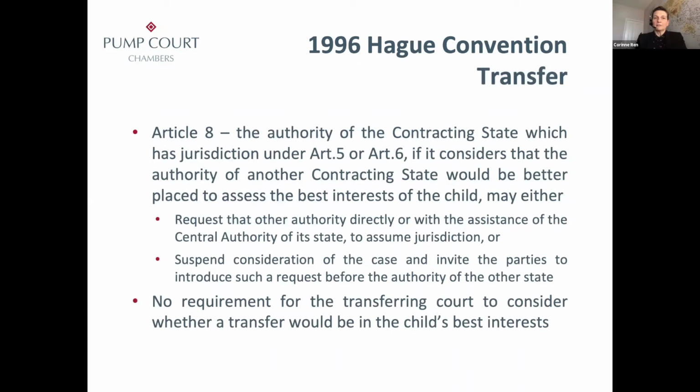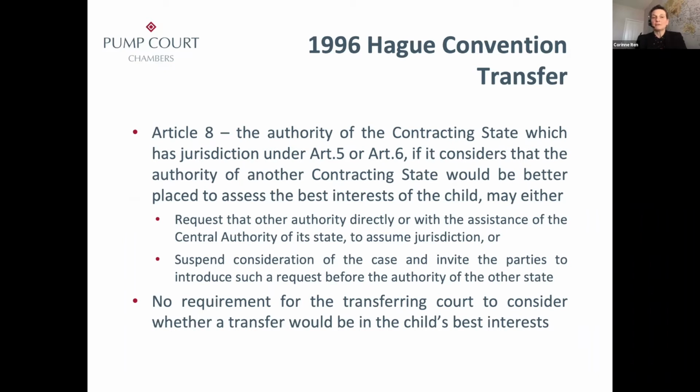The provisions for transfer happily also exist under the 1996 Hague Convention. Well, I say happily, it often probably gives us a bit of a headache in proceedings to think about whether they should be transferred or shouldn't be.